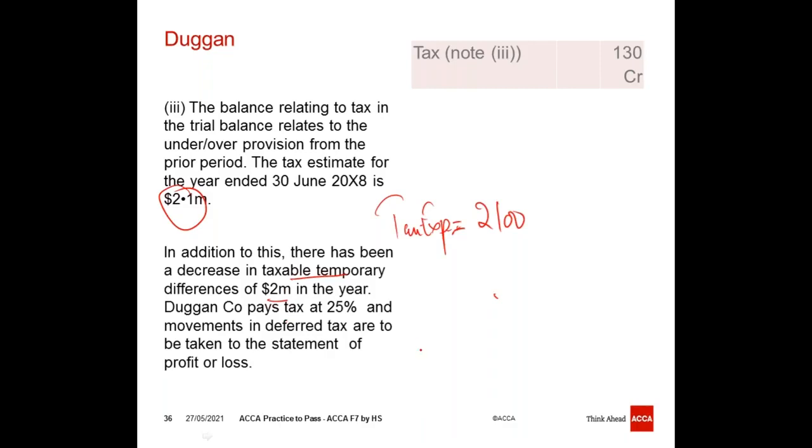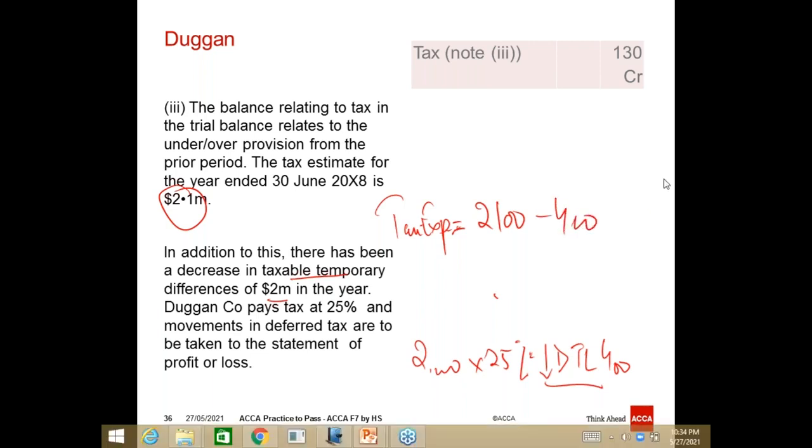If the taxable temporary difference is decreasing by 2 million, definitely 25% of this amount will also be decreasing. So there will be a decrease in the deferred tax liability of 400. So it will be deducted. 500.